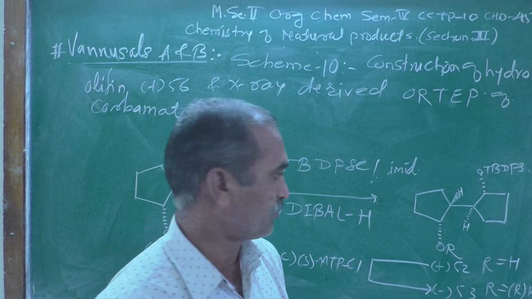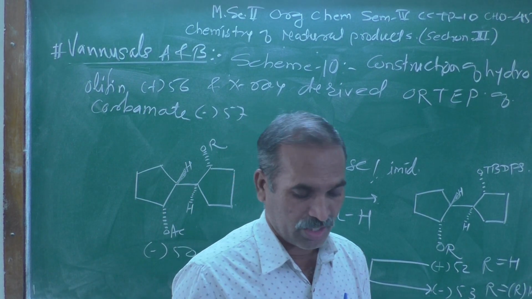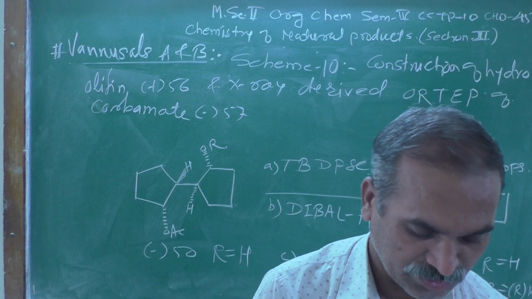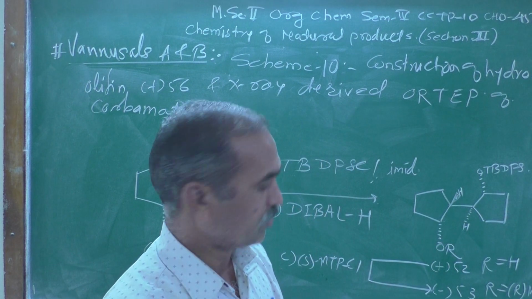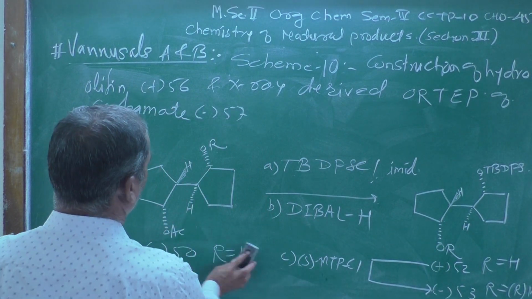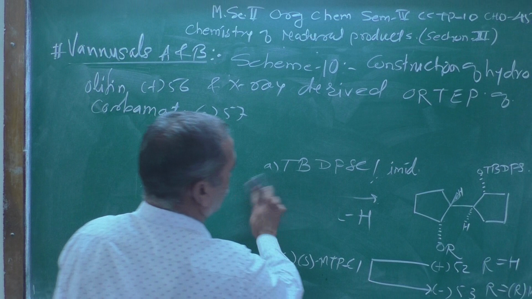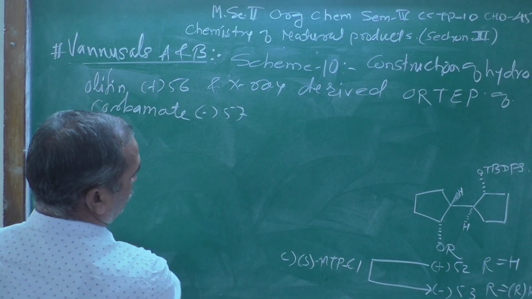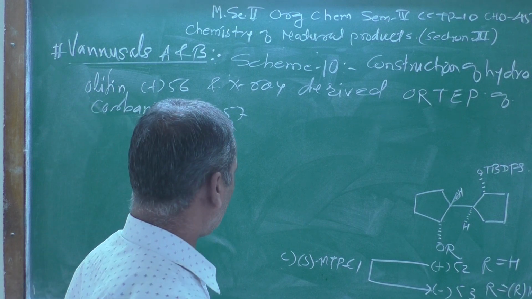Now onward, the rest of the points we are going to discuss over here. I am cleaning this one, and now I am going to show the arrow from here onward.